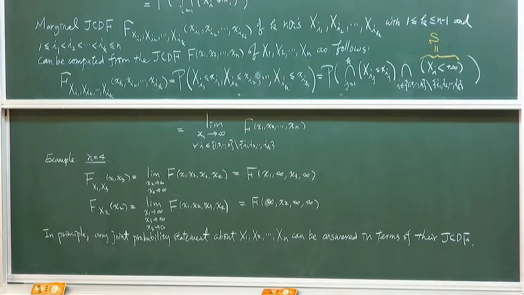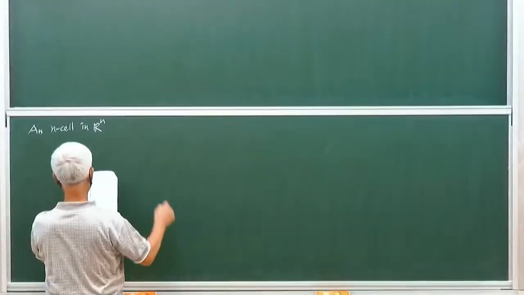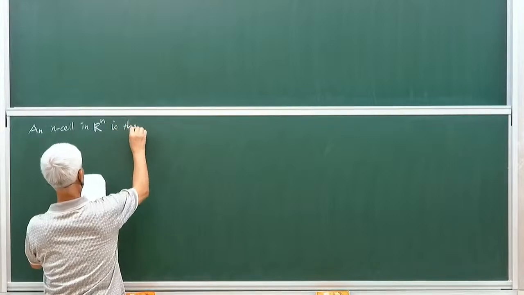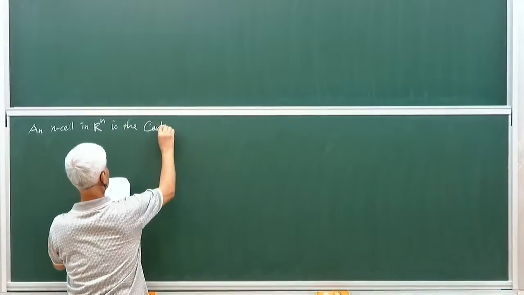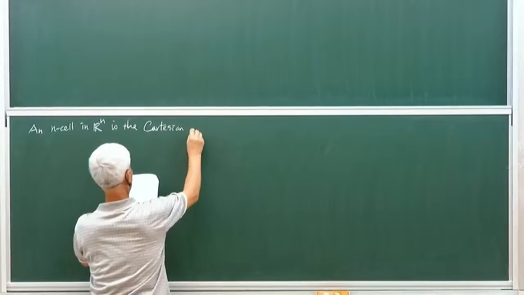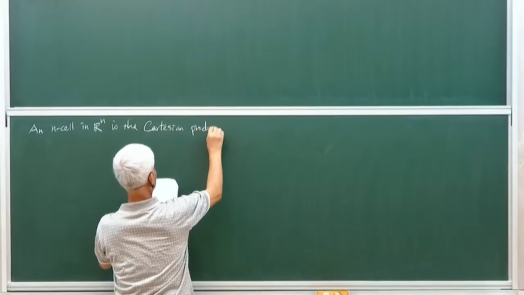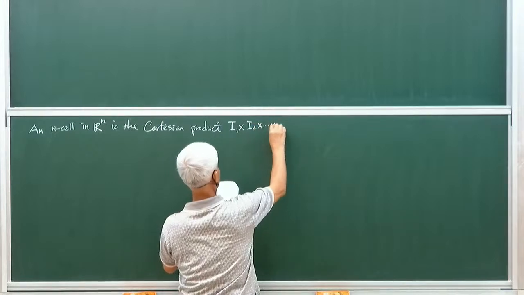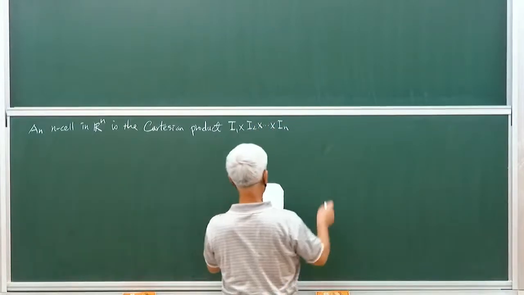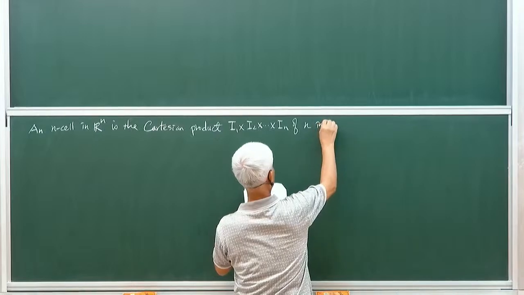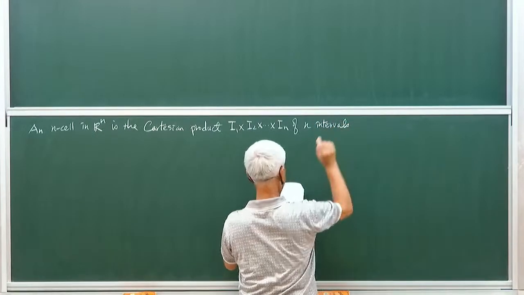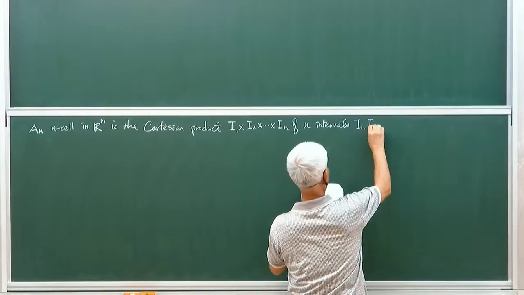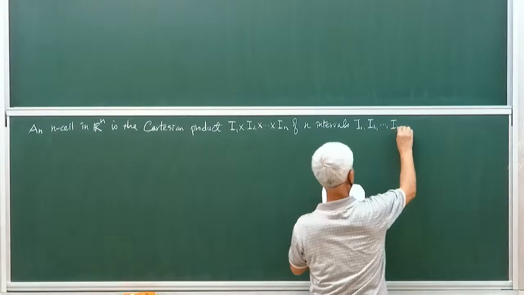So an n cell in the n-dimensional real space is the Cartesian product I1 times I2 times up to In, the Cartesian product of n intervals I1, I2, up to In in R.